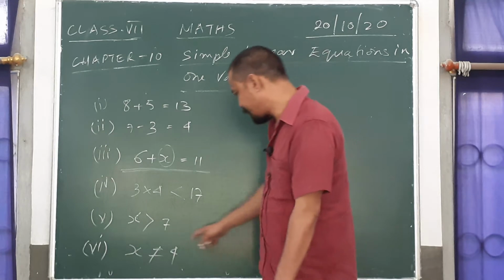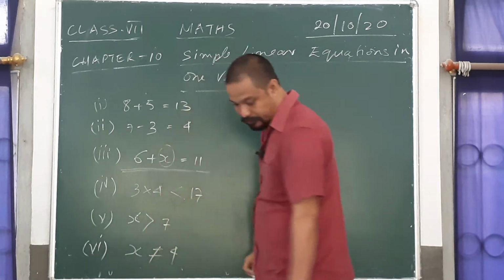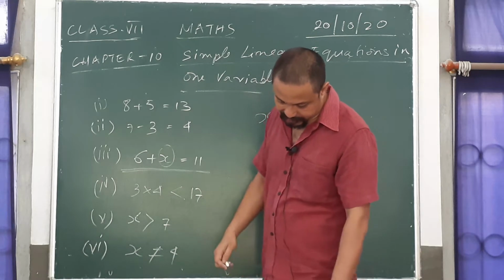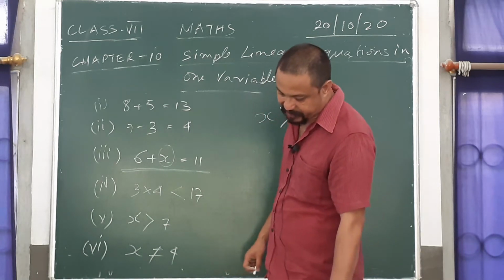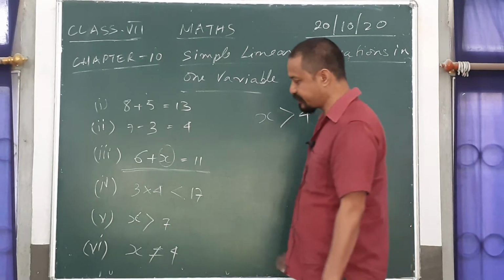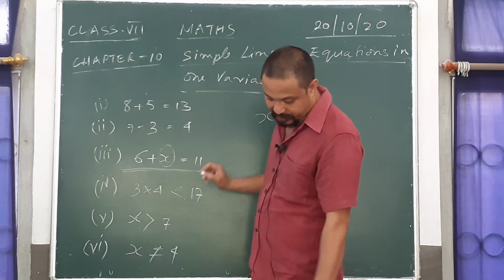Statements like x is greater than 4, I'm just quoting by the book because it will be easier for you, are called inequalities or inequations. Okay, this is the basic difference. This is called an equation, this is called an inequality.